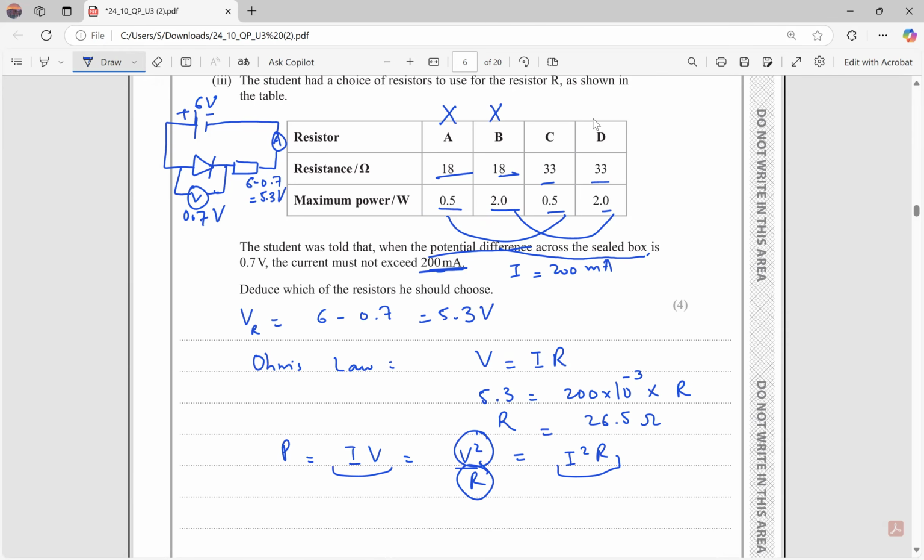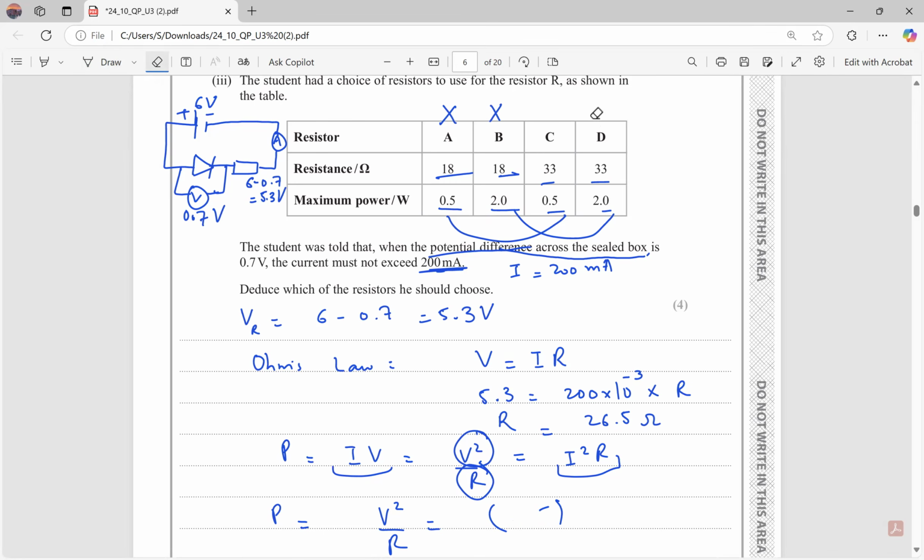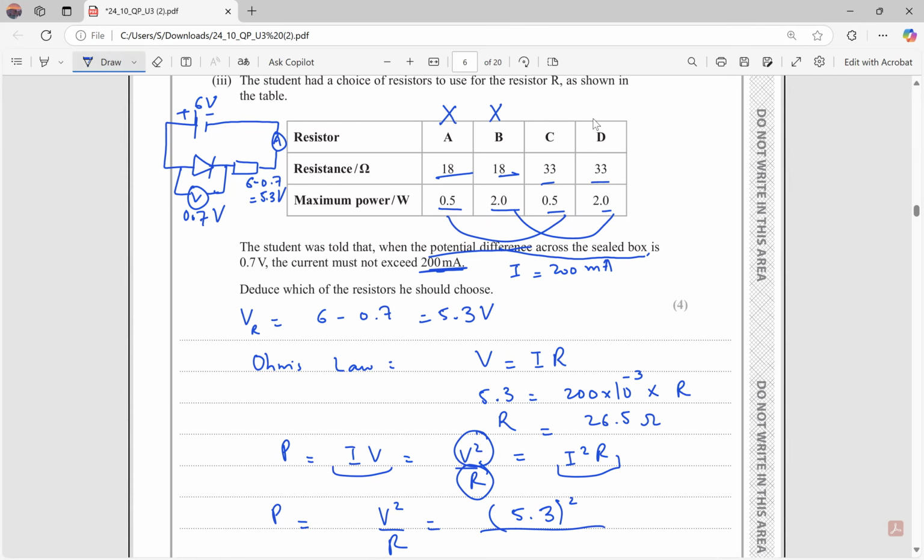So let's use power is equal to V squared over R. V squared, that's 5.3 squared, over the resistance, which is 26.5.